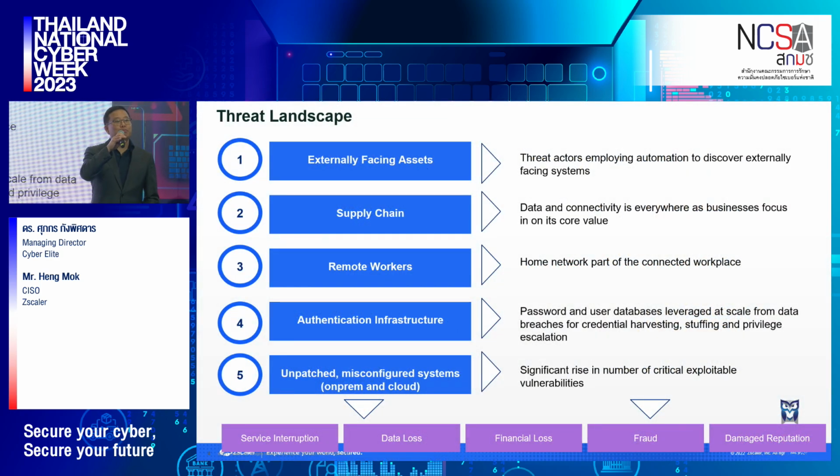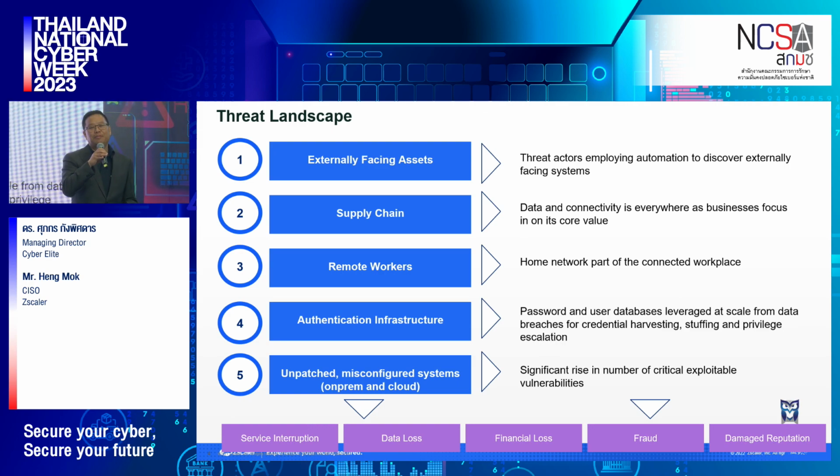So if we quickly and briefly think about the threat landscape today, we have a number of externally facing assets that have been driven by things like digital transformation, as well as the need for organizations to connect as part of the supply chain. We're seeing actors using automation to discover those externally facing assets, and then utilizing things like credential harvesting from every data breach in order to compromise those systems.